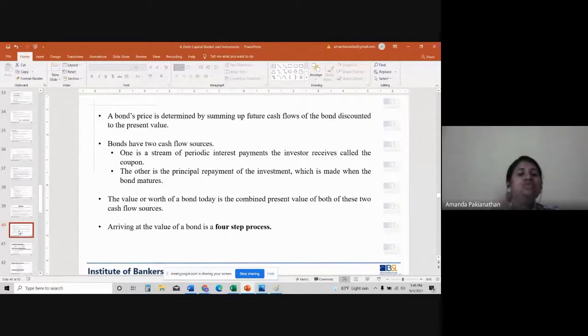So for me to know that, I need to know about the inflows from that bond. You will have regular interest payments coming in, and on maturity, you will have the principal repayment. Using these two cash flows, I'm going to value my bond. Now, one requirement is satisfied. I know what cash flows are coming from that bond. Now, I need to know when these cash flows are coming in.